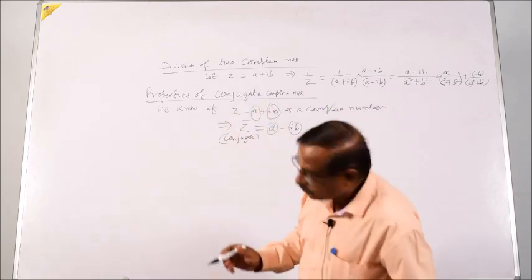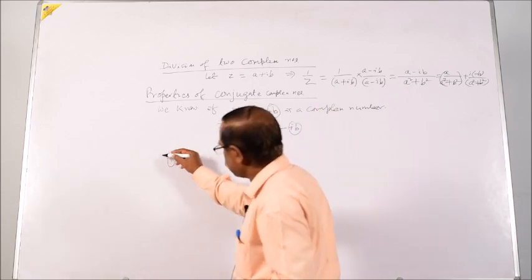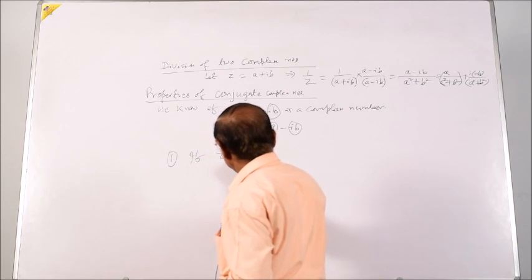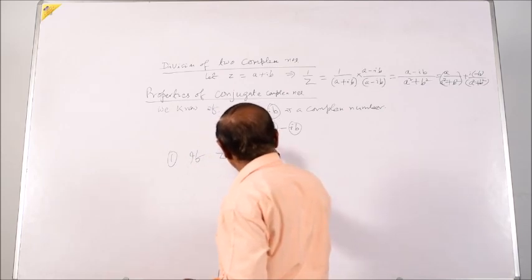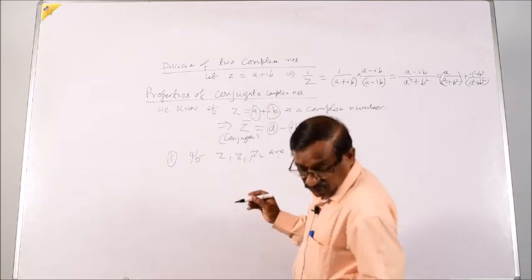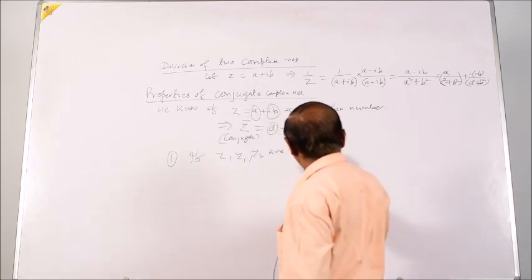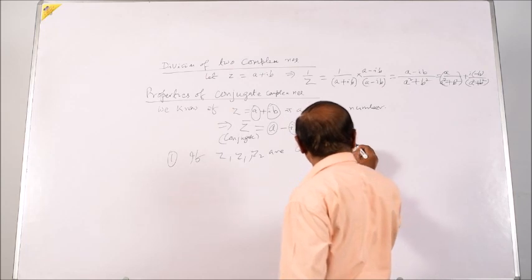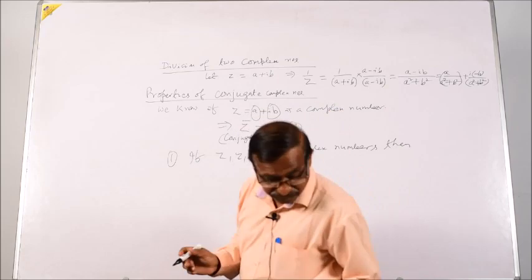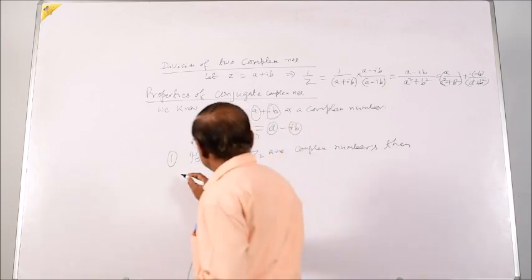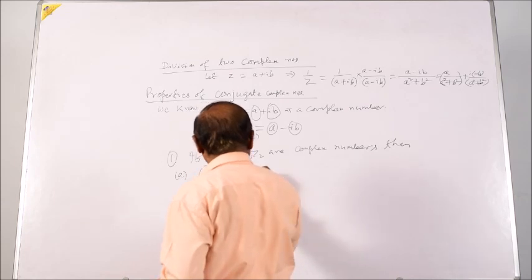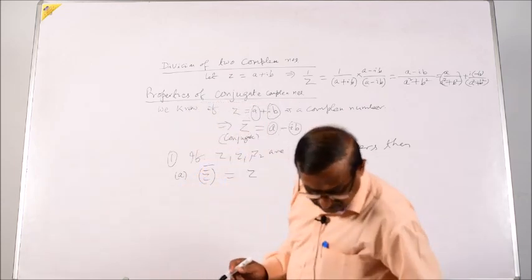Now we will establish the properties. If Z, Z1, Z2 are complex numbers, then the conjugate of Z bar is Z. We will have to prove this.